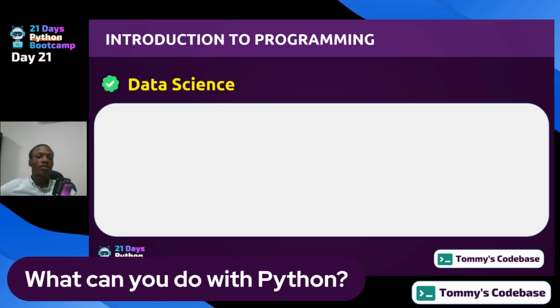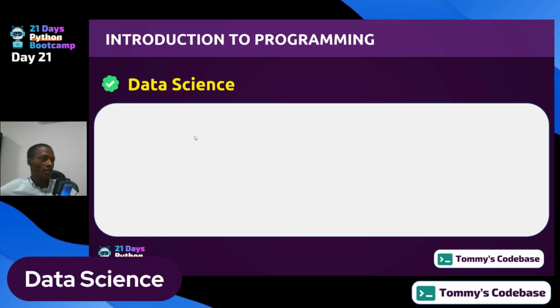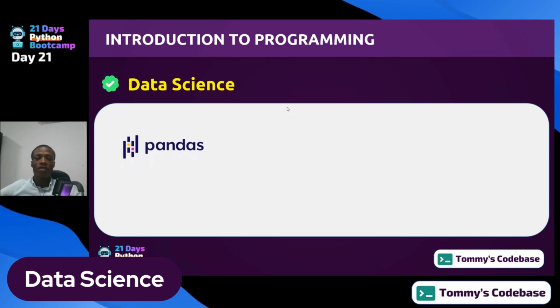So a very interesting field that you may want to consider is the data science field. If you want to use Python for data science, then the libraries that you can take a look at are, we have pandas, and pandas is for data manipulation, cleaning, and analysis. You can always visit their website.